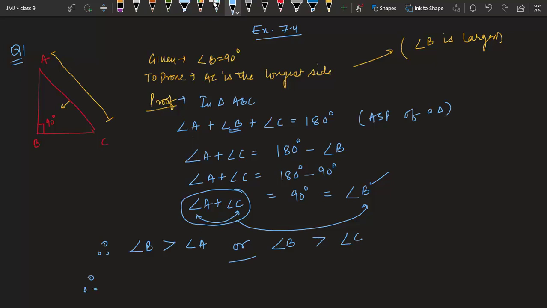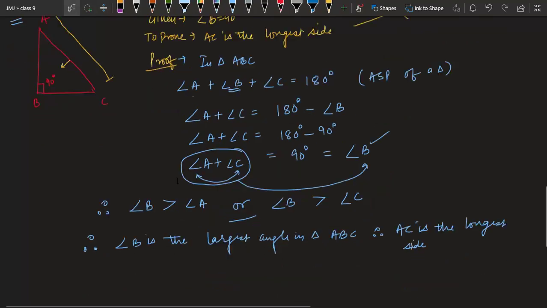Therefore angle B is the largest angle in triangle ABC. Therefore AC is the longest side. Now you have to write the theorem, because you have studied about that.